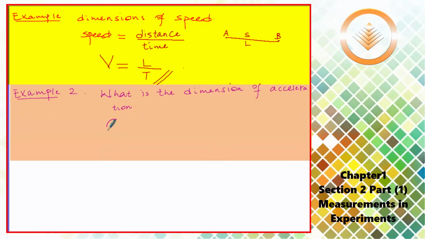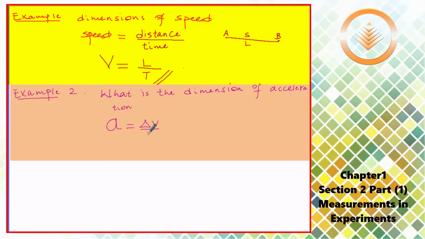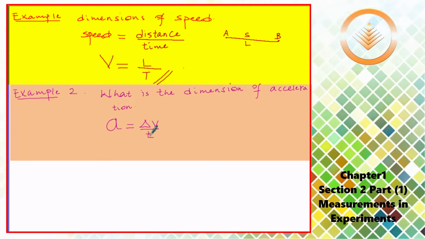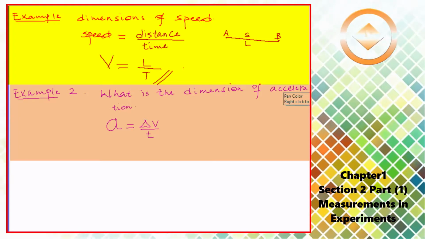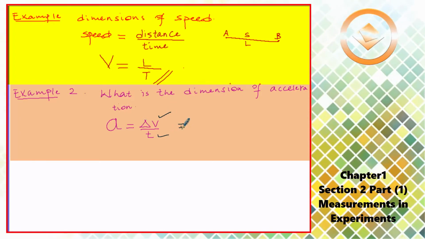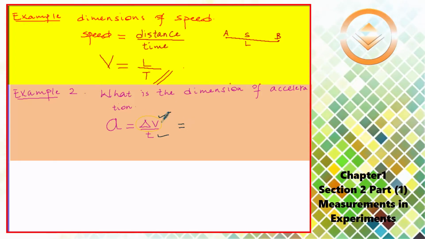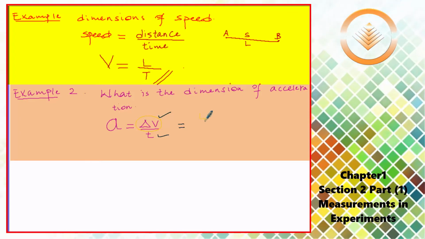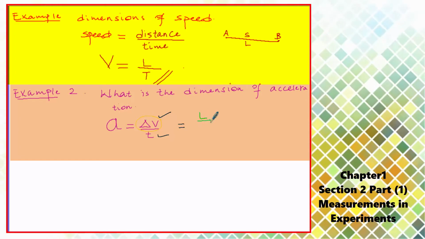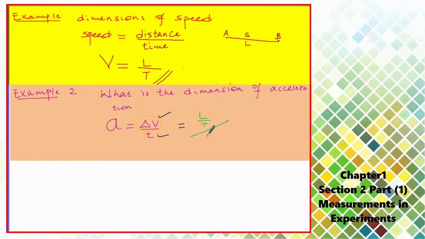We know that acceleration is defined as the rate of change of velocity. So to find the dimension of acceleration, I have to use the dimension of velocity and the dimension of time. We already know the dimension of velocity, which I have already shown you in the above example, which is L divided by T, where T is capital letter T.